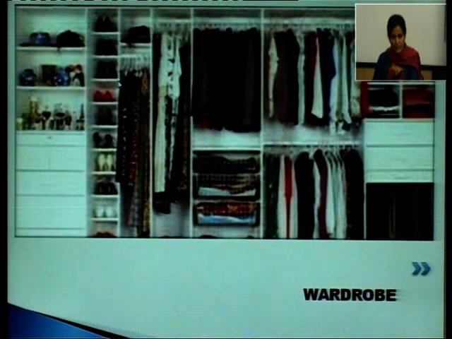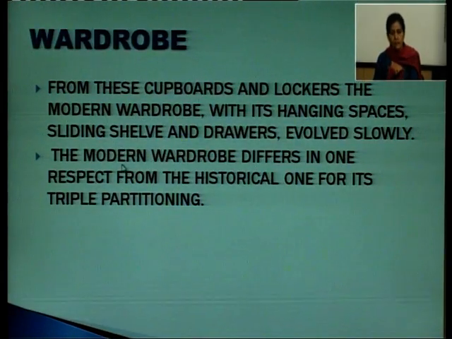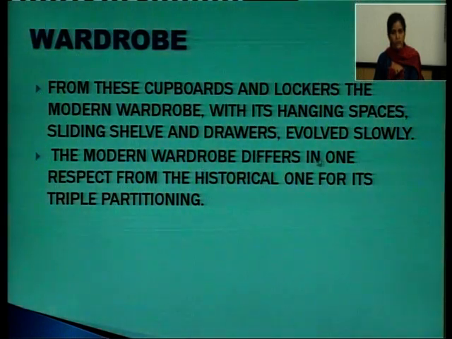As you can see in this picture, hanging space is provided at different levels, and this is the main shelf which can be removed and can be utilized for hanging clothes, and drawers are provided which are the latest addition in these wardrobes. The modern wardrobe differs in one respect from the historical one for its triple partitioning.